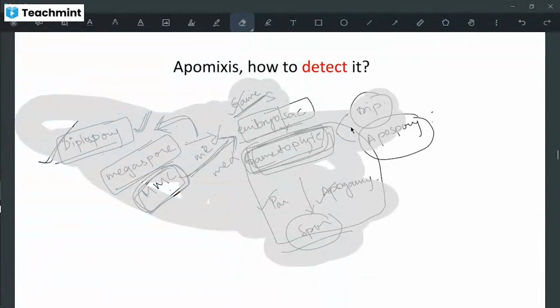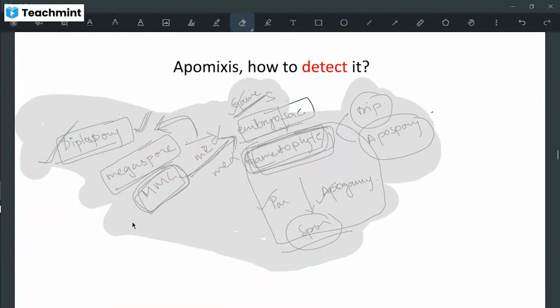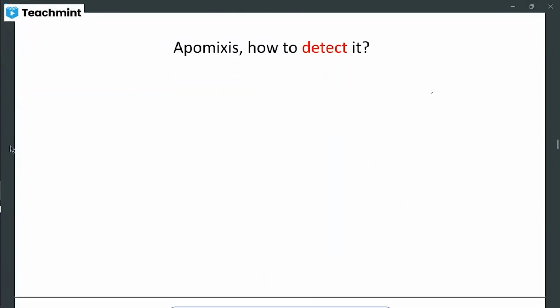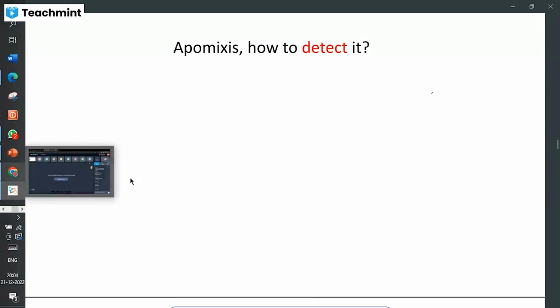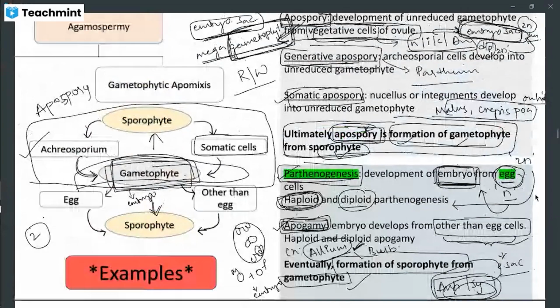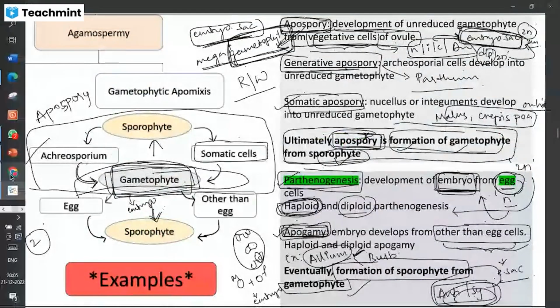Sir, what will be the ploidy of the embryo formed in parthenogenesis? How many types of parthenogenesis did I discuss? Two types. Okay, what are they? Gonial and somatic.